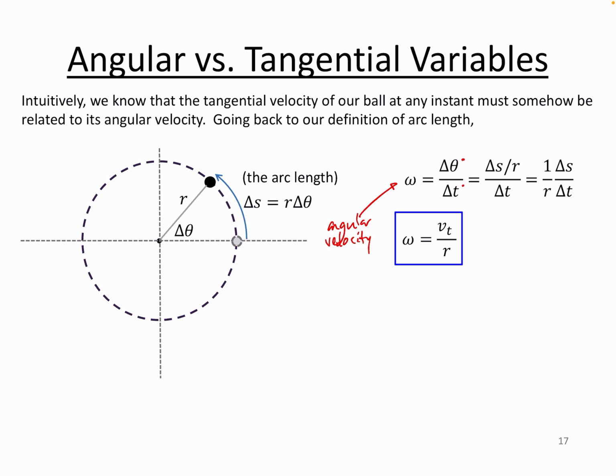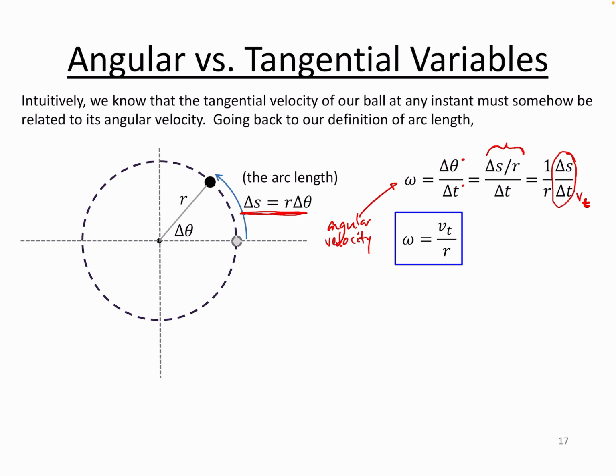We solve for delta theta and substitute in delta s, the arc length covered in that period of time, divided by the radius of the circle. Then we redistribute the r down to the bottom. Delta s over delta t is just going to be the tangential velocity.